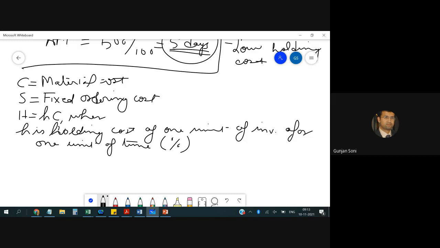Okay, now what do we want to do? The whole idea behind all this talk is that we want to minimize total inventory cost.